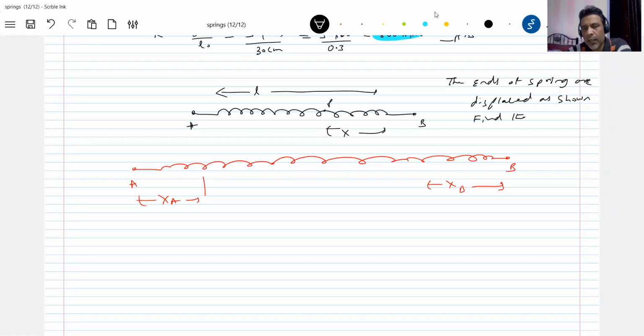Find the point P on the spring which will be at rest, or which will not undergo displacement.